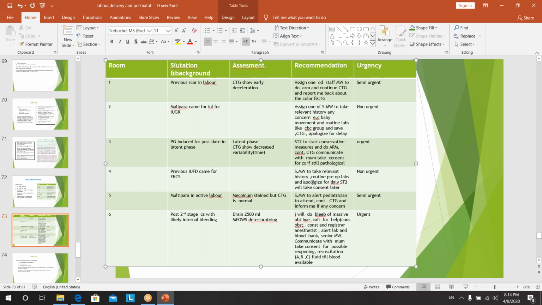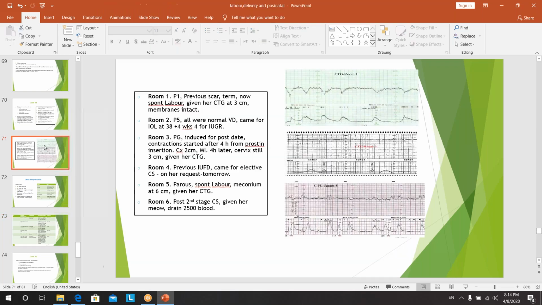The midwife can't take consent for the cesarean section. The ST2 can. So the midwife will apologize to the patient for any delay from the ST2. He will come later to take the consent. This is a non-urgent case.